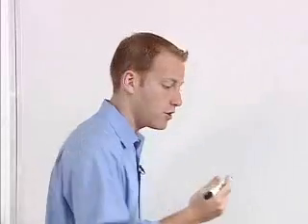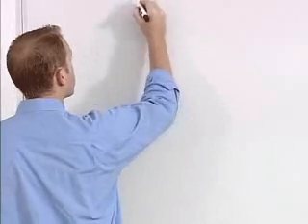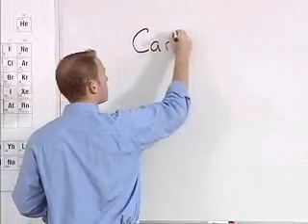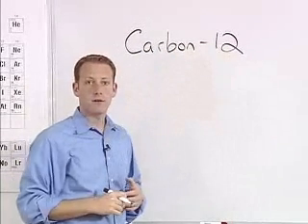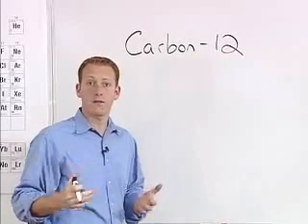I'm going to show you all the different types of notations for mass numbers. Let's say we have carbon, because we like carbon, it's easy to work with, with a mass number of 12. This is how we designate carbon with a mass number of 12. We could write carbon-12. That's carbon with a mass number of 12.